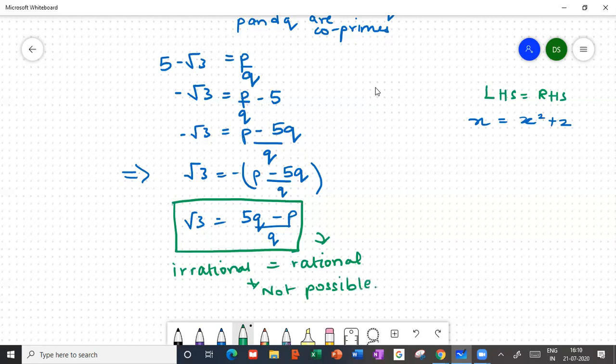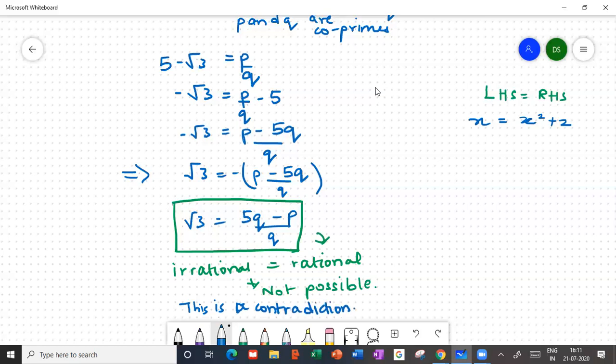That's it. That's how I'm going to say that this is not possible. Therefore, it is a contradiction. I just write this is a contradiction.